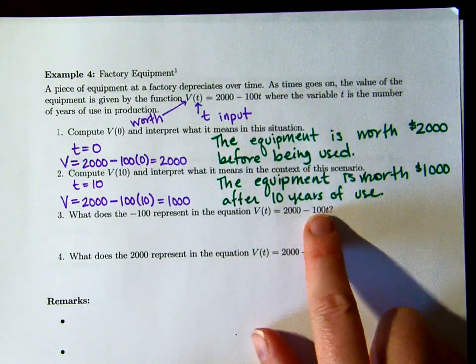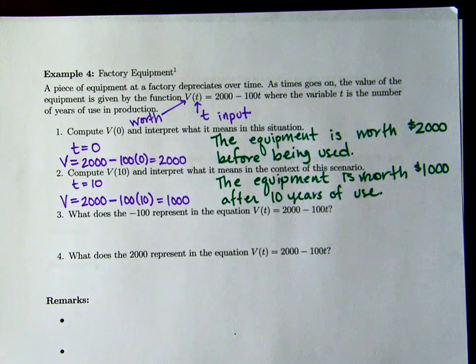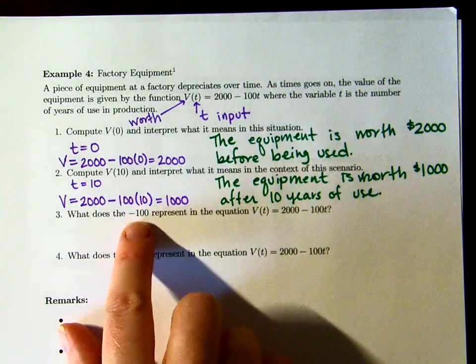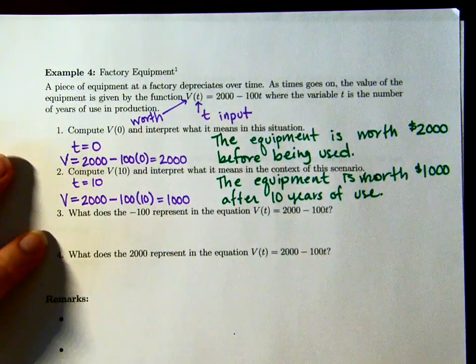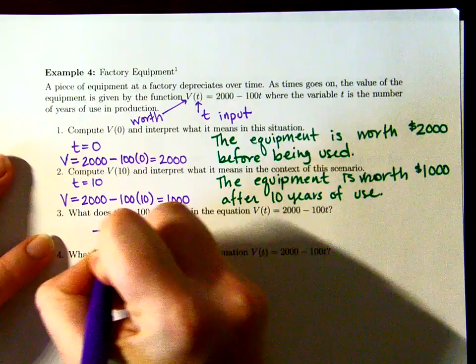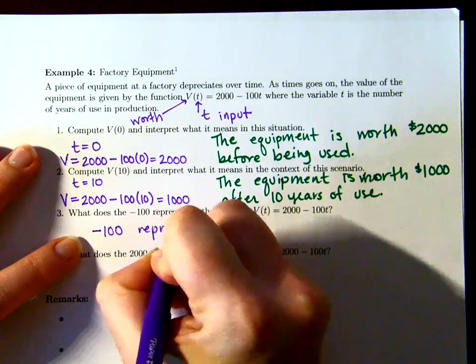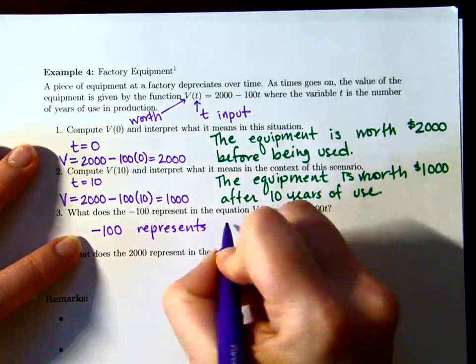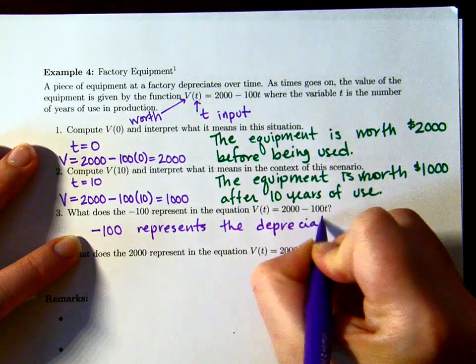So the t is the years, but this negative 100, I feel like that's how it's depreciating. So what does this negative 100 represent? This negative 100 represents the depreciation rate.